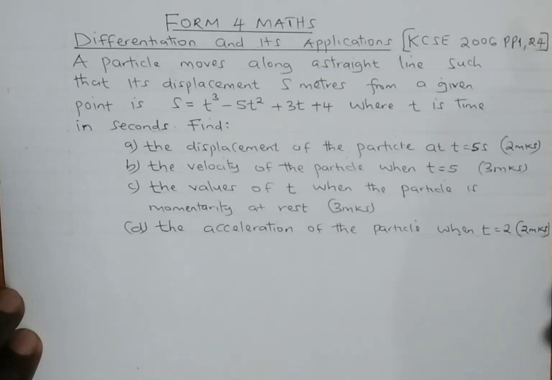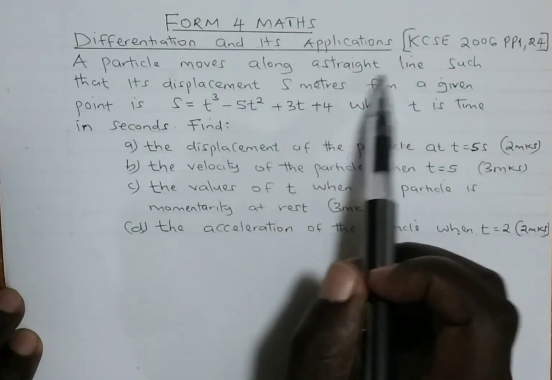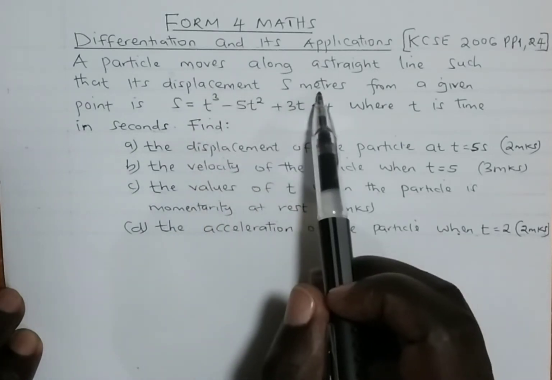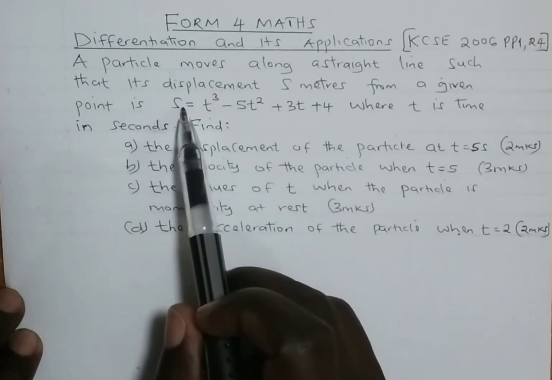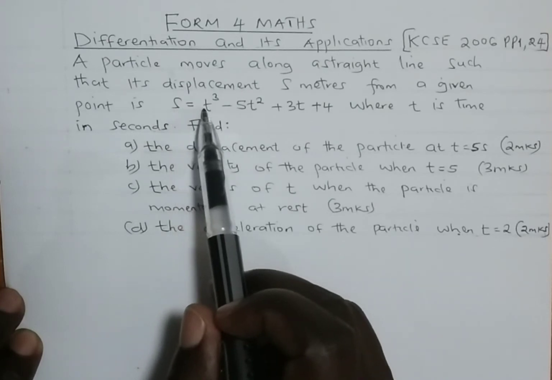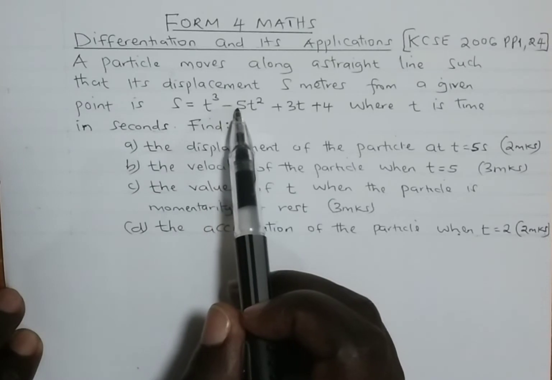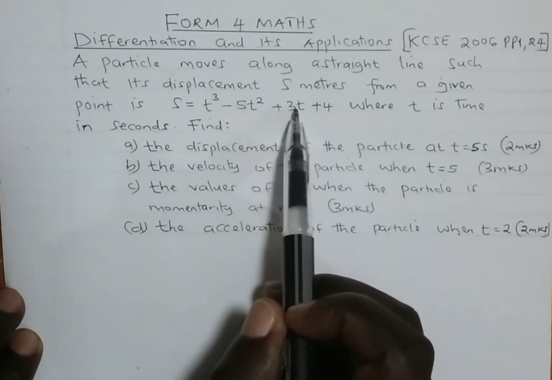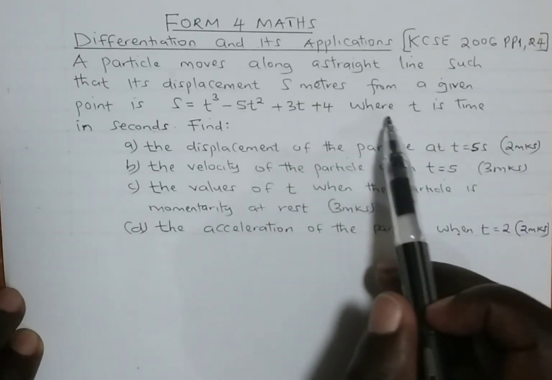And the question reads, a particle moves along a straight line such that its displacement S in meters from a given point is given by S equals t to the power of 3 minus 5t to the power of 2 plus 3t plus 4, where t is the time in seconds.